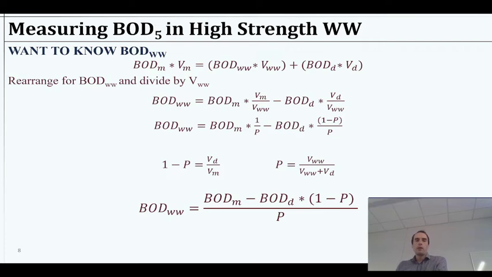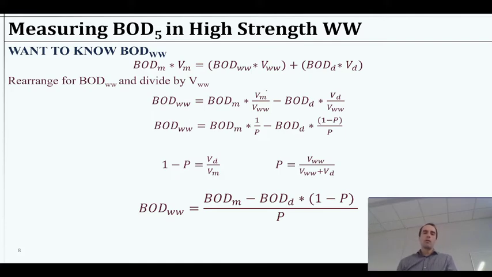And from here, we can see we're pretty much there. But the book likes to get everything in P, and it turns out that's reasonably convenient, as we'll see in the final solution. But we can take this volume of the mixture divided by the volume of the wastewater. That's just 1 over P, right? That's the inverse of P, because P by itself is the volume of the wastewater divided by the volume of the mixture.